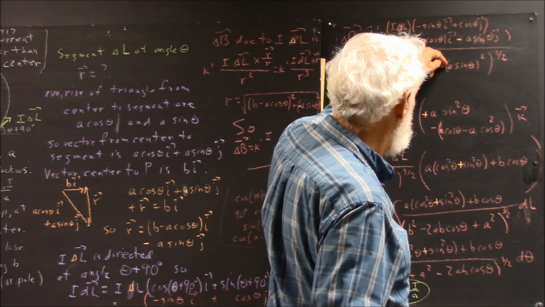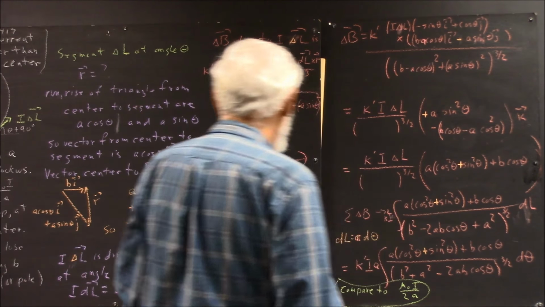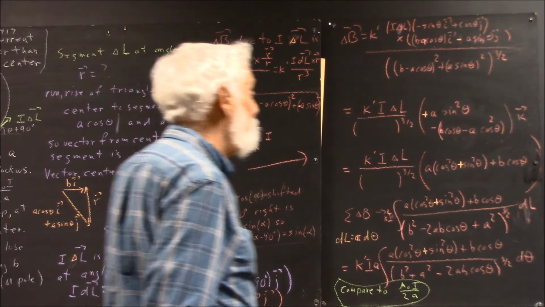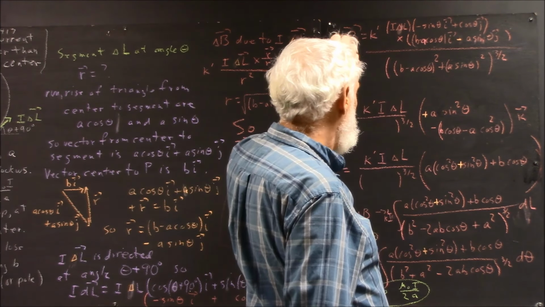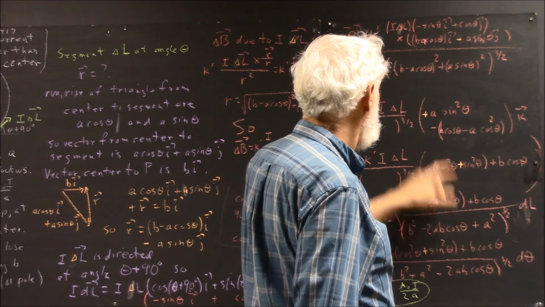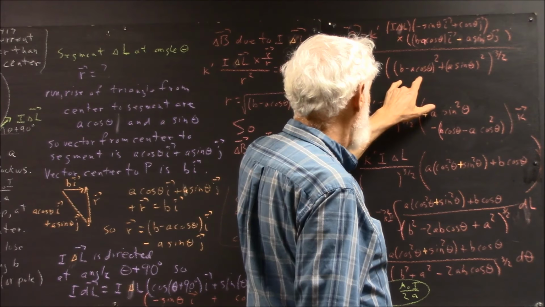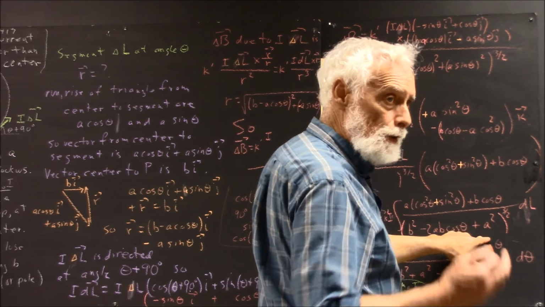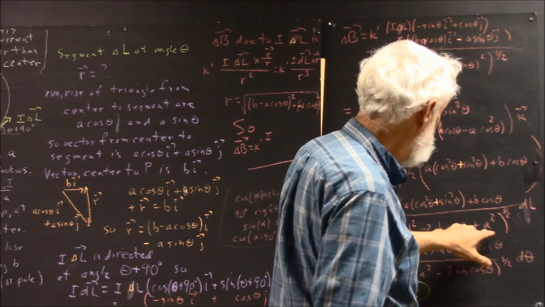Now that should officially be a negative a, but I've not bothered with the negative because it's inside a square. Okay, well, we're then going to have the b squared minus 2ab cosine theta that we get here, but then it's going to be an a squared cosine squared theta plus an a squared sine squared theta. Cosine squared plus sine squared is 1, so we just get an a squared.